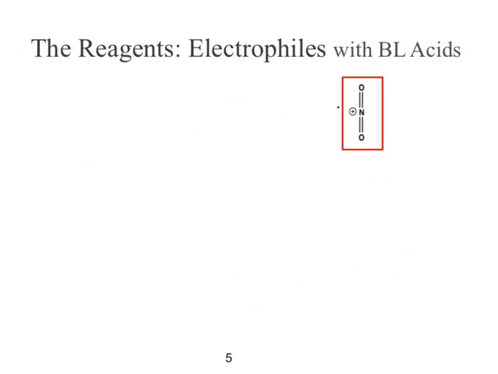We could also use Bronsted-Lowry acids to activate an electrophile. So one of the more common electrophiles as far as EAS goes is something known as the nitronium ion, NO2+. You'll see that show up in a lot of cases. It is also a classic deactivating group when it's attached to the ring. So how can we make that?